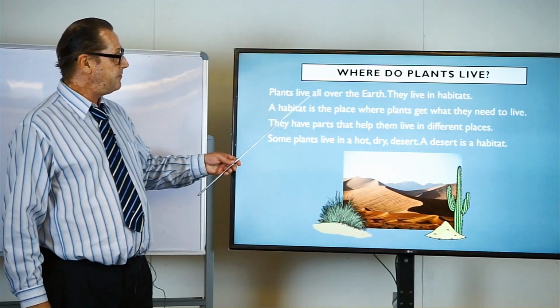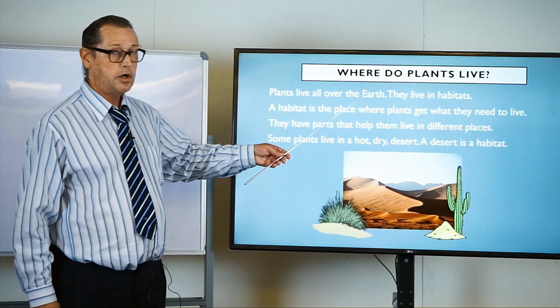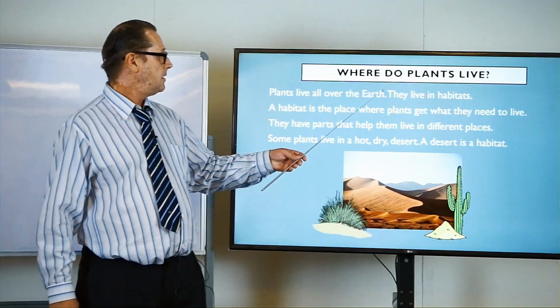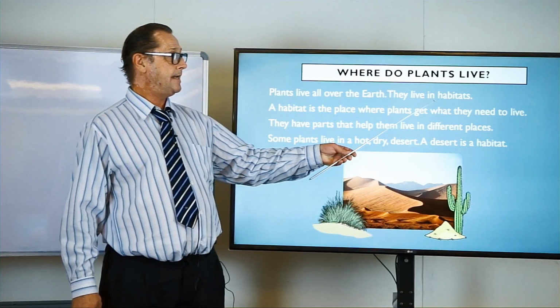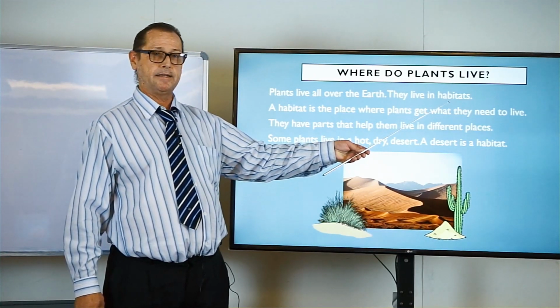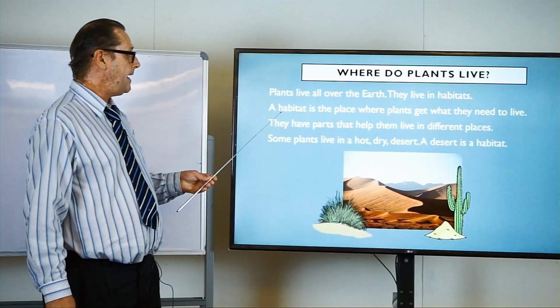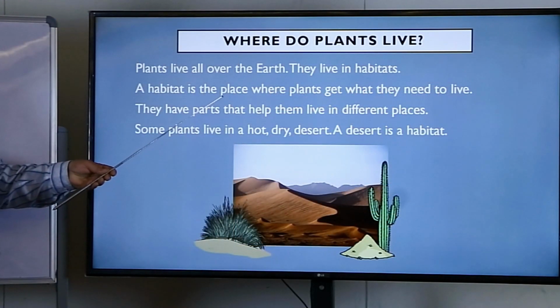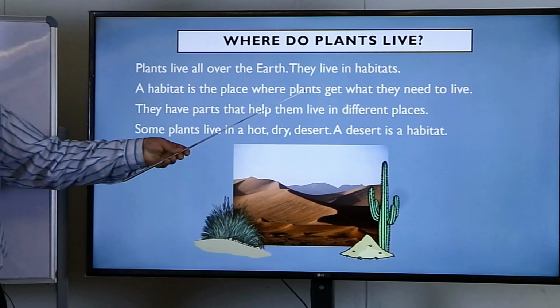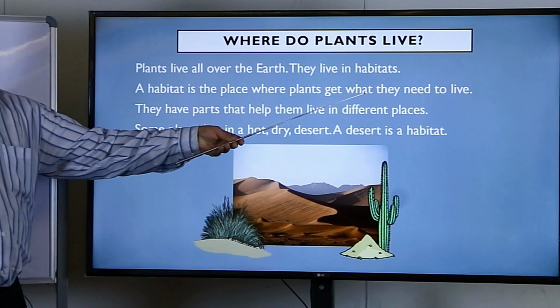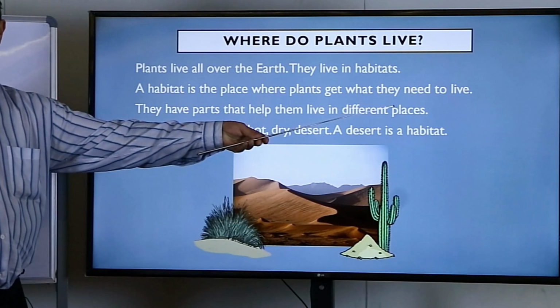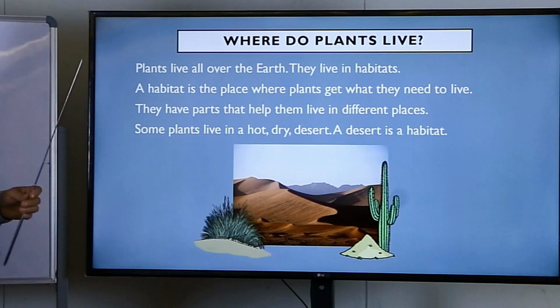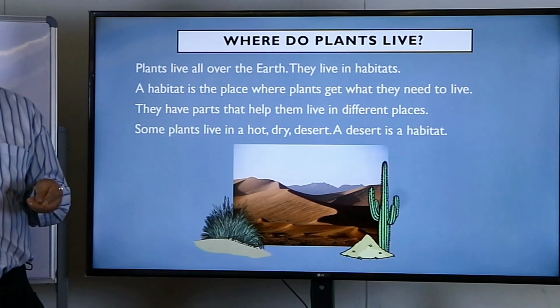Plants live all over the earth. They live in habitats. A habitat is the place where plants get what they need to live. Can you remember what plants need to live?